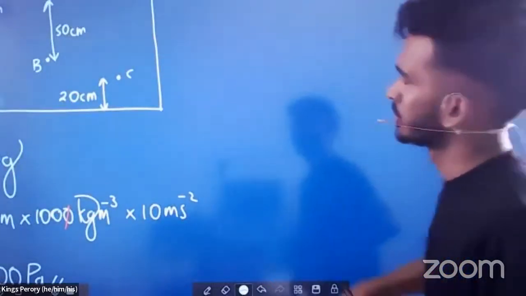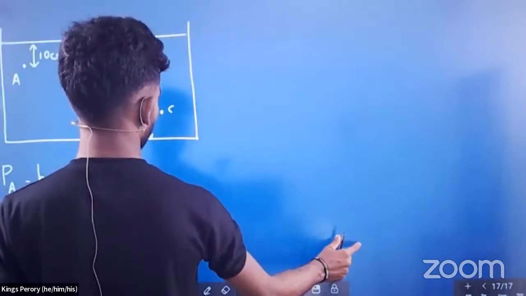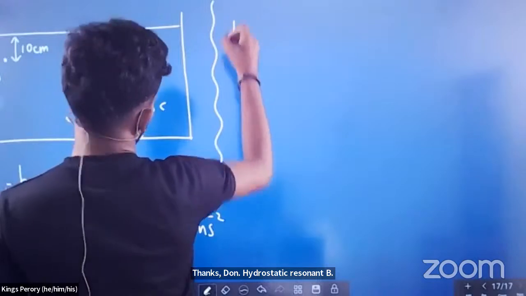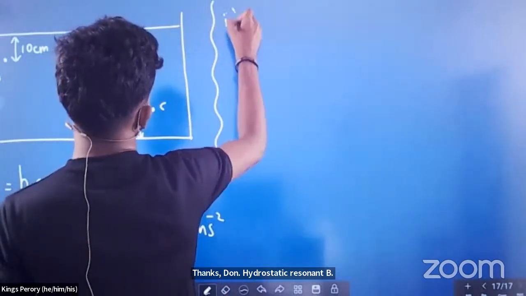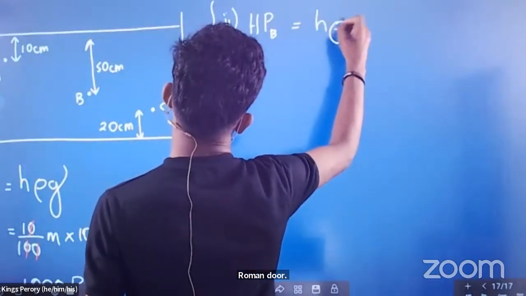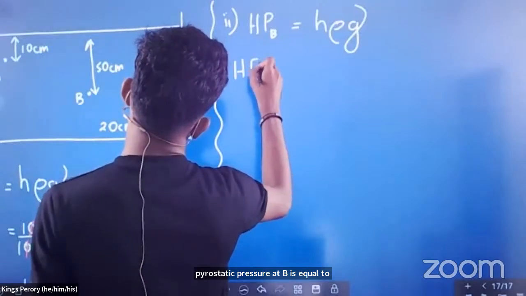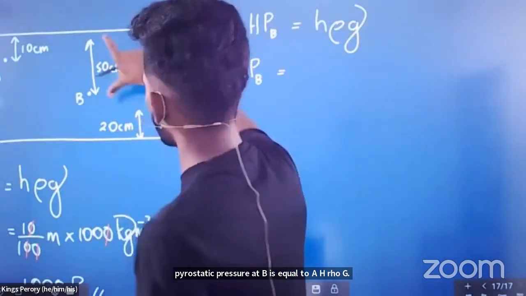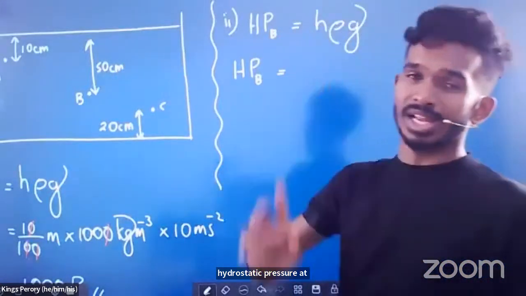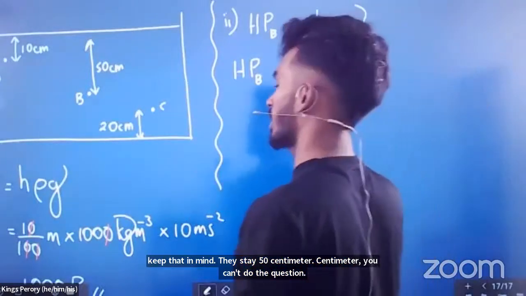Next one, hydrostatic pressure at B. Roman 2. Hydrostatic pressure at B is again H rho G. H is the depth, always keep that in mind. Depth is 50 centimeter. Centimeter to meter, you divide by 100.